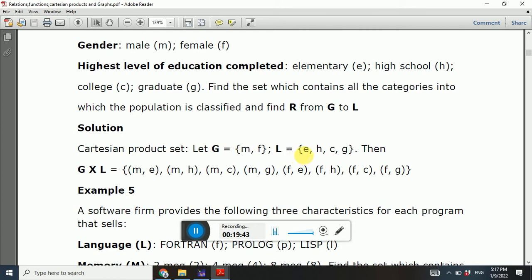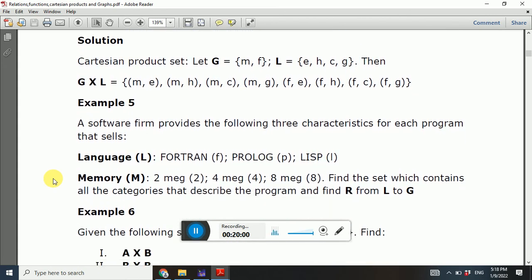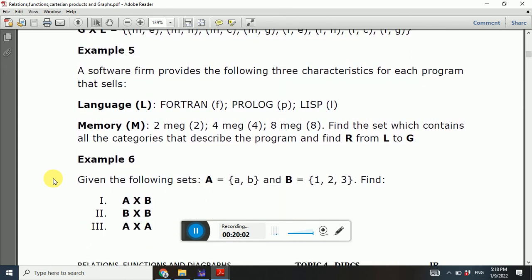So you find elements like ME, MH, MC, MG. Then you go to the next one, F: FE, FH, FC, FG. So that will be the Cartesian product.